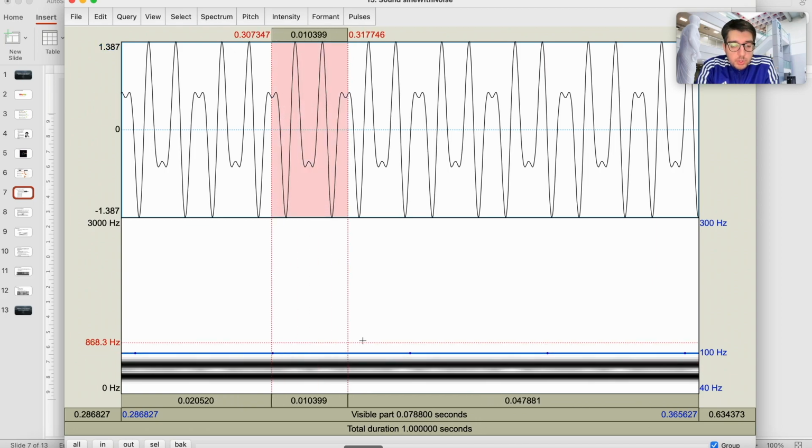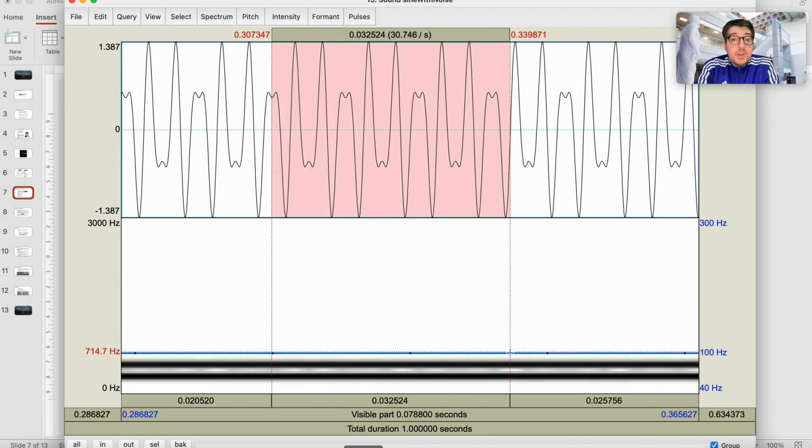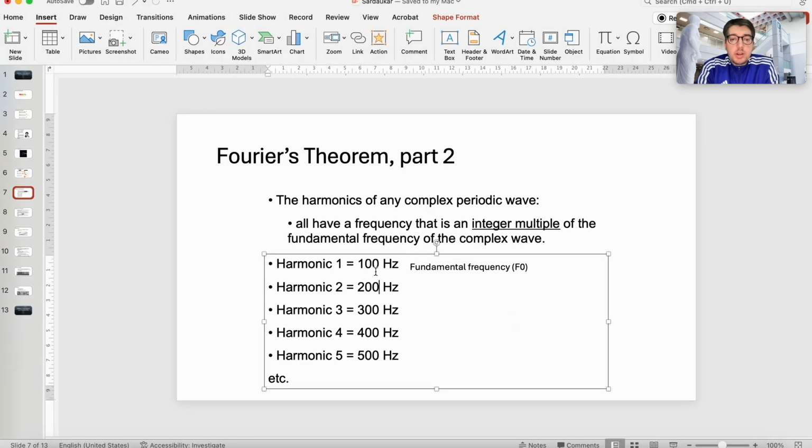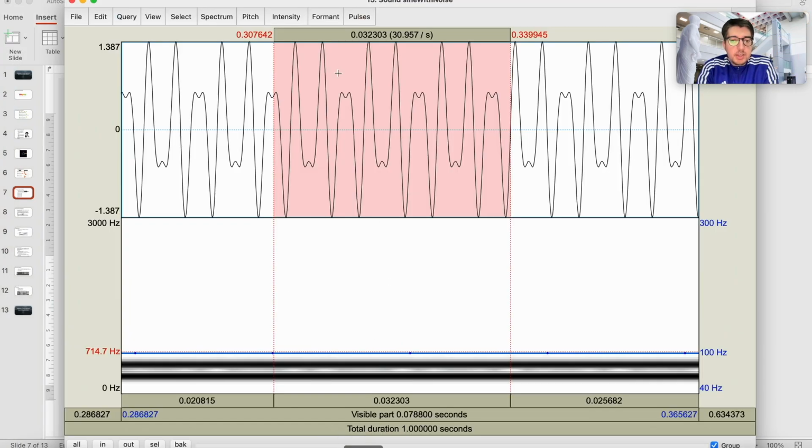And this blue line shows the fundamental frequency, which is 100 hertz. If you think about it, this is what I mentioned earlier. If I have 2 component waves of 300 hertz and 500 hertz, the fundamental frequency has to be 100 hertz, just mathematically calculated.